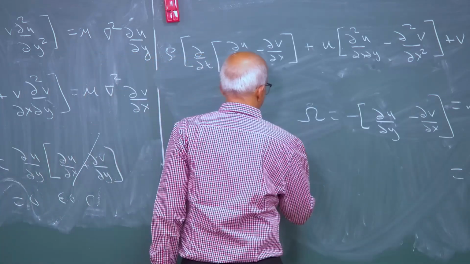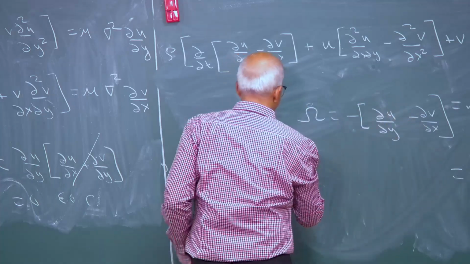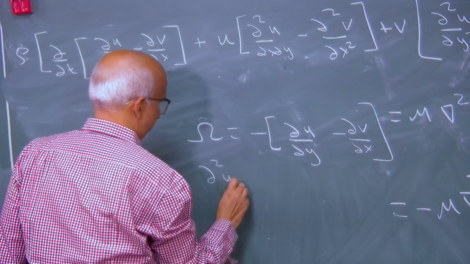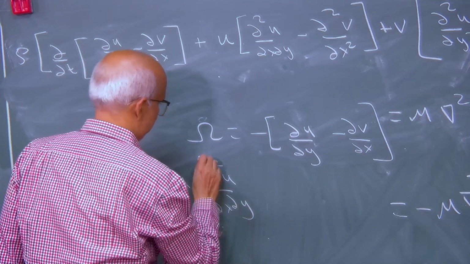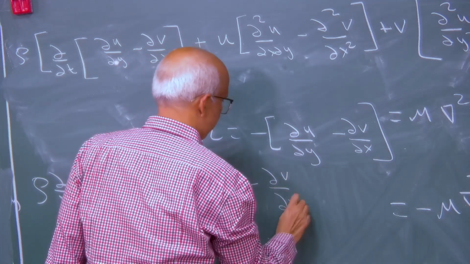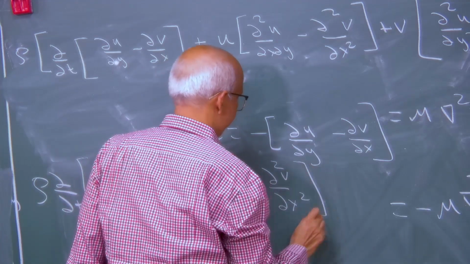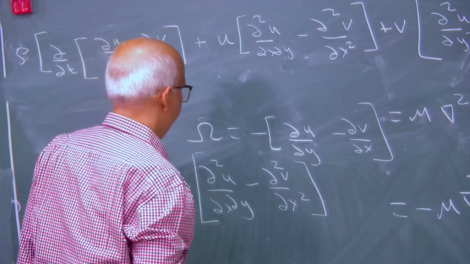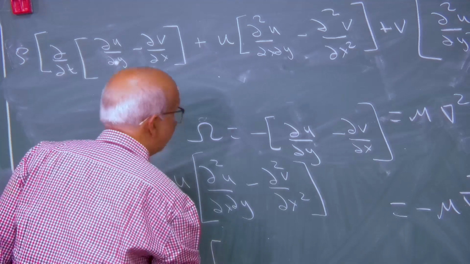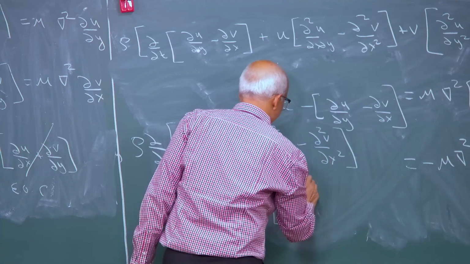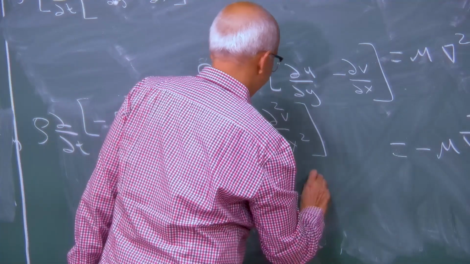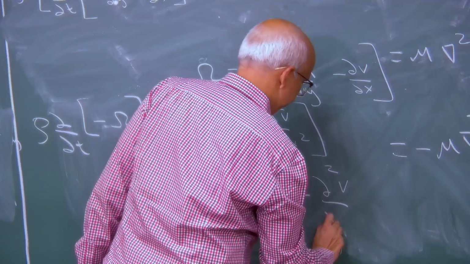Plus, I'm going to right now leave this as it is, but I'll make some changes: plus v times d square u by dy squared minus d square v by dx dy.